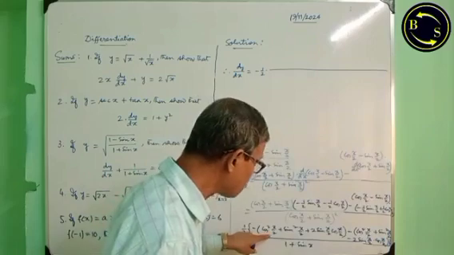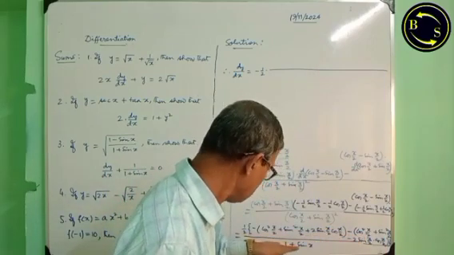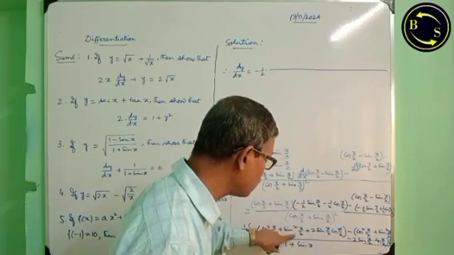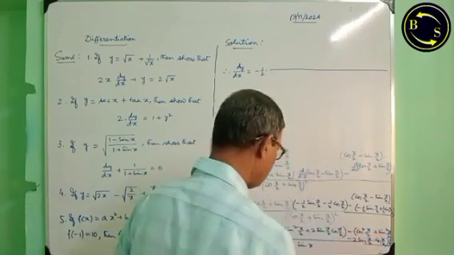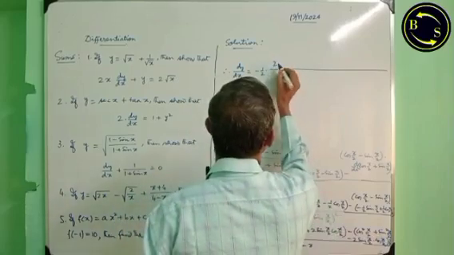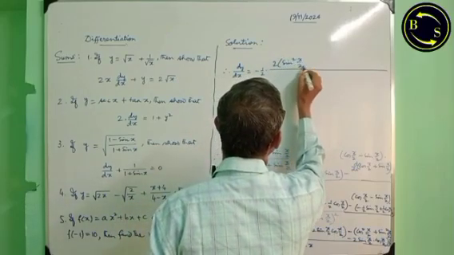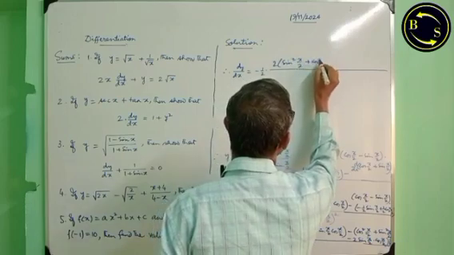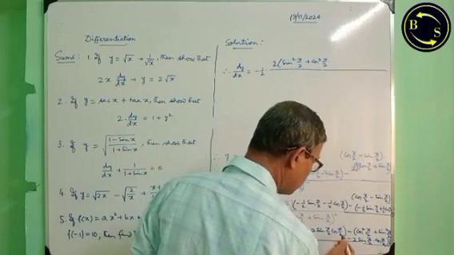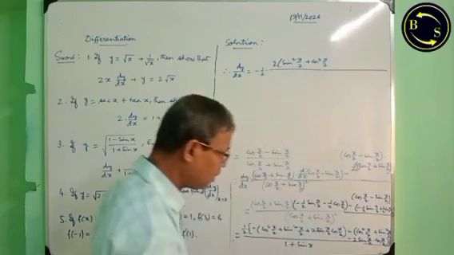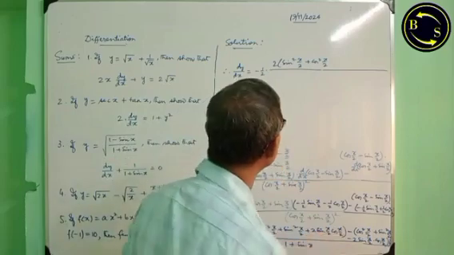Now we see cos square x by 2 plus cos square x by 2, that means 2 cos square x by 2, also sin square x by 2, 2 within brackets sin square x by 2 plus cos square x by 2, plus 2 sin x by 2, and after taking minus sign common, these two will be cancelled.